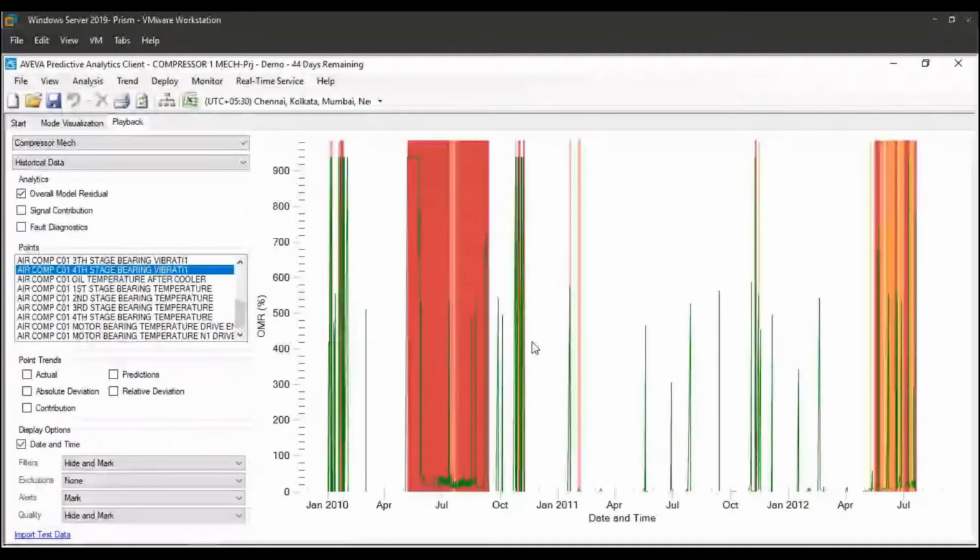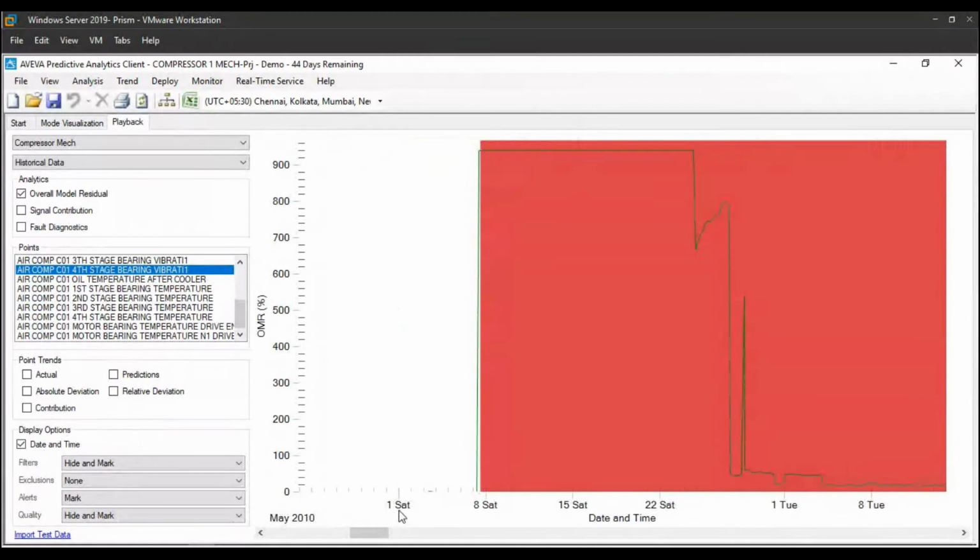So let's say that we want to analyze what's happening just before the month of July, just before the start of the month of July, this big spike that we see over here. If I zoom into this, I'll see that during this time period, the OMR jumped significantly. What this tells me is that something in the equipment has happened.